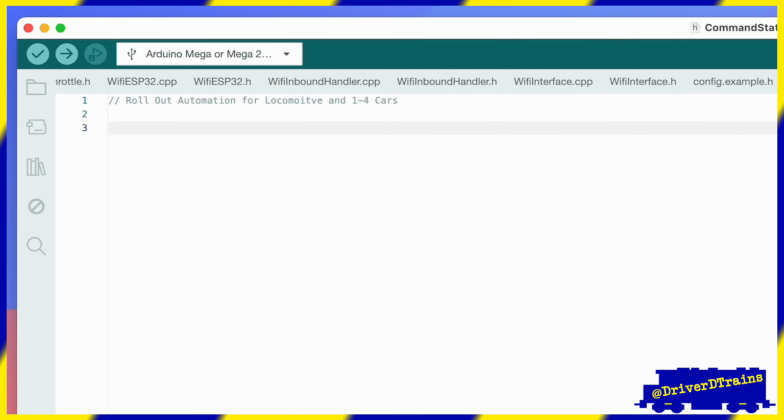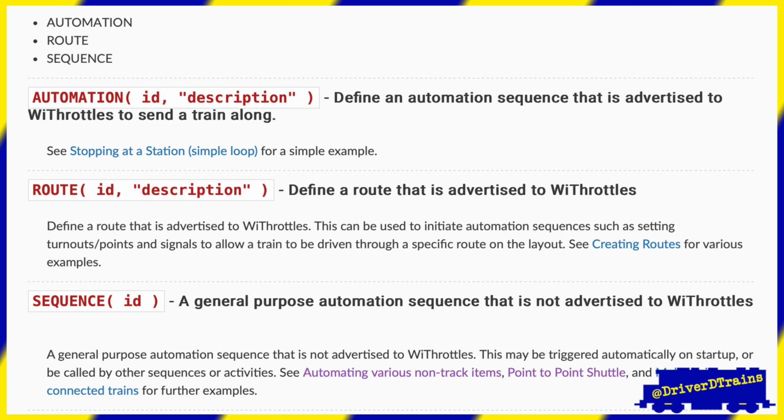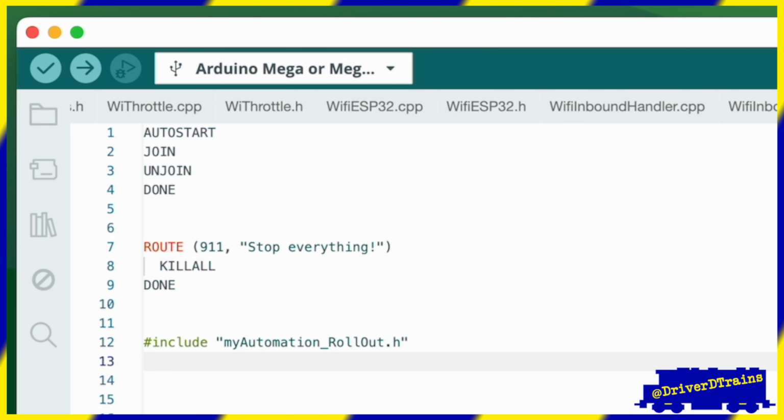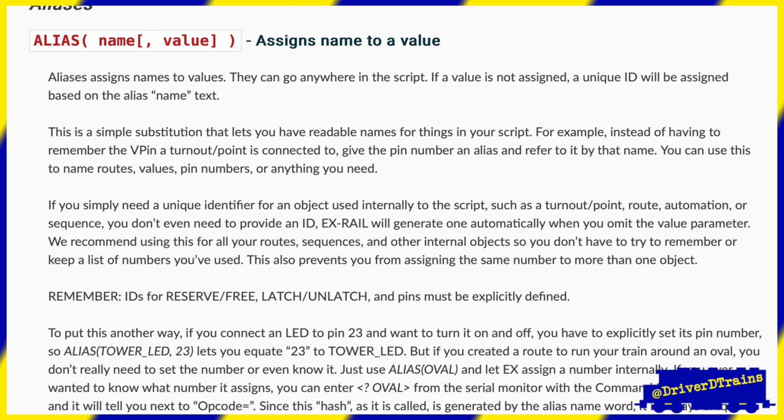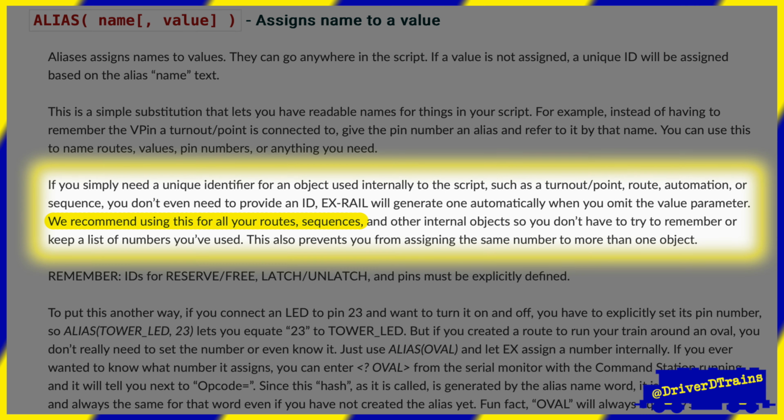So before we go on, we'll create our first sequence called setLocoFunctions to store all the aliases for our locomotive decoder function settings. Technically, EXRail identifies all sequences by number, like the number 911 that we gave to our Stop Everything route. However, we can also refer to sequences by name by, you guessed it, creating an alias.